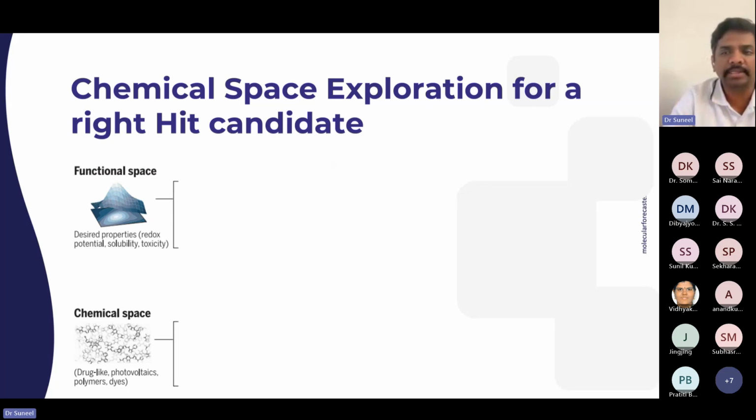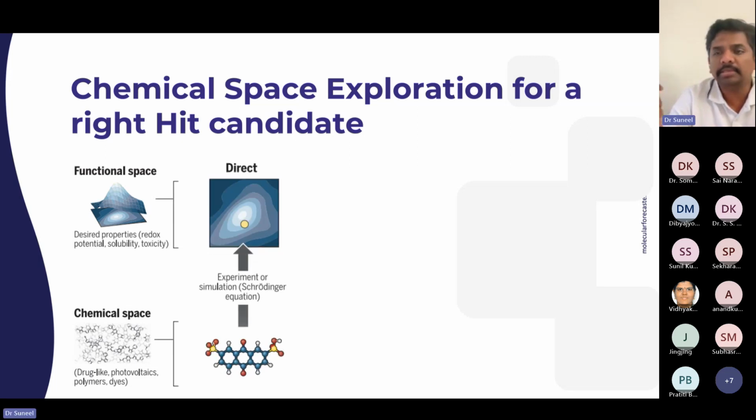There are many methods that we have been using successfully in the industry, called molecular dynamics, quantum chemistry, virtual screening, and docking studies, where we use these techniques to filter billions of compounds and try to identify the top 100 or top 50 molecules.